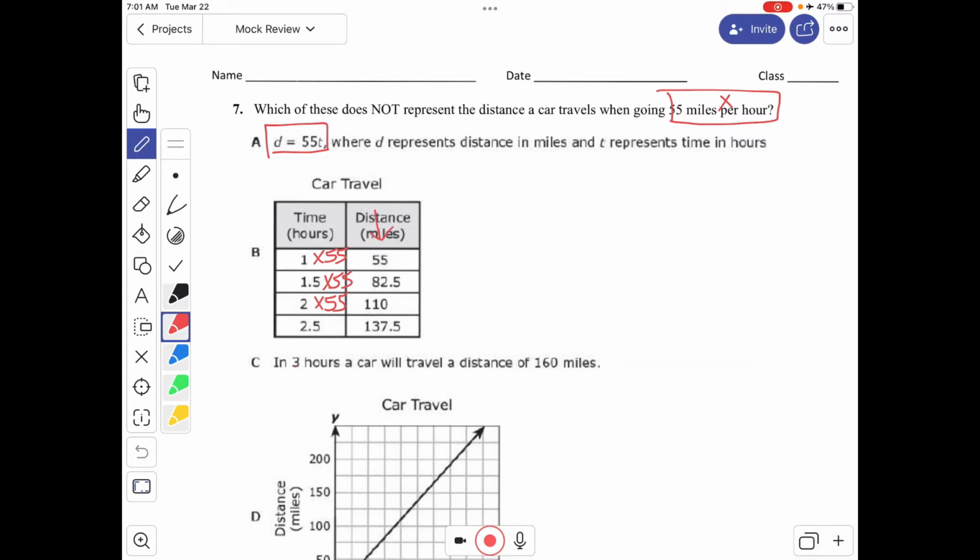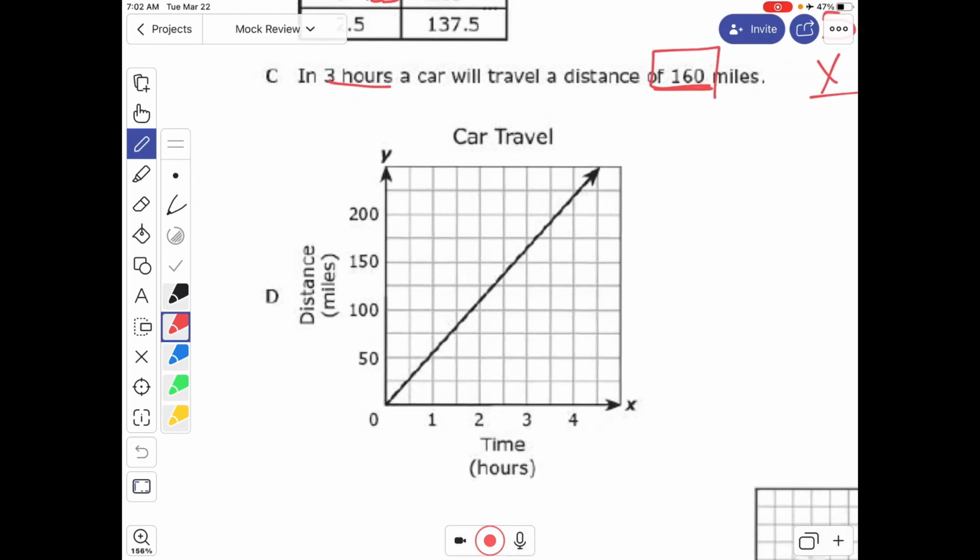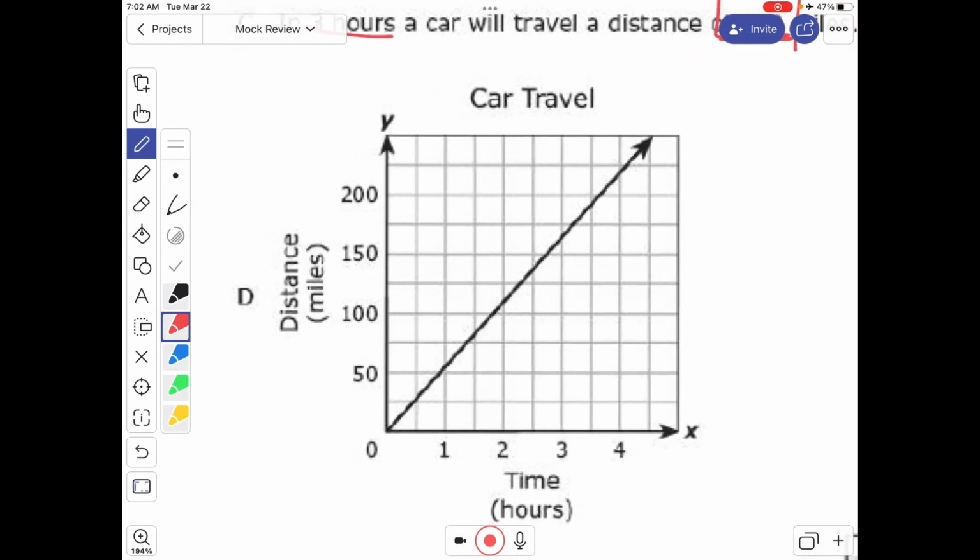On C, it says 3 hours. So if I multiply 55 times 3, would I get this answer? And here on D, I know your copy is not very clear, so I'm going to blow mine up. At 1, would I get about 55?